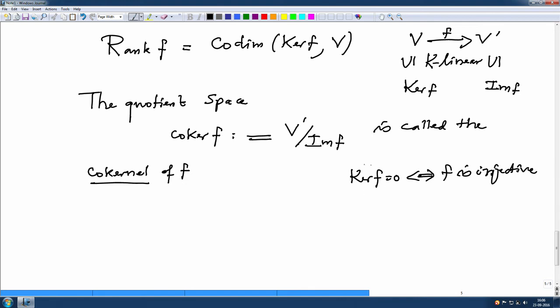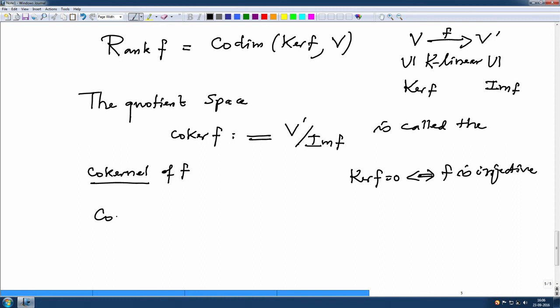So, this subspace measures how far f is from injectivity. If it is 0, it is injective. If it is one dimensional, then it is close to injective, not injective but close to injective. The more the dimension, the more away f is from injectiveness. Similarly, this co-kernel measures surjectivity of f.